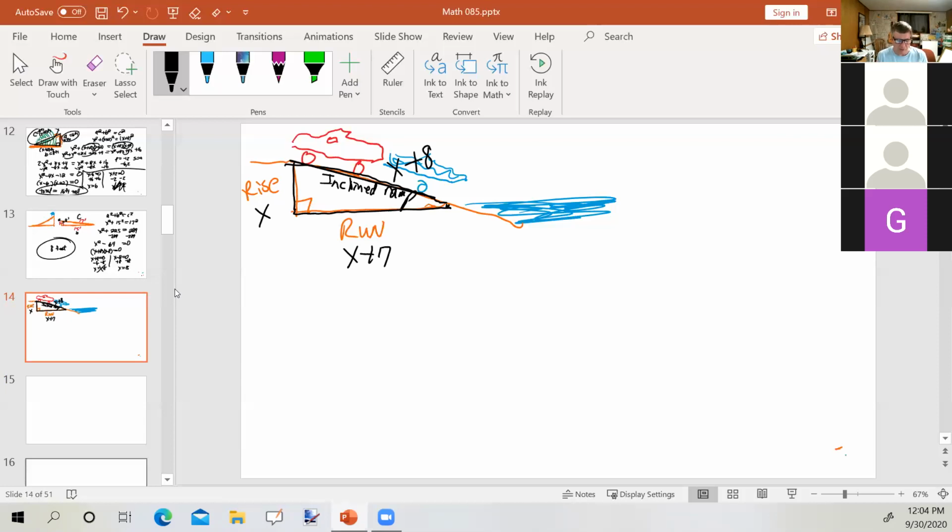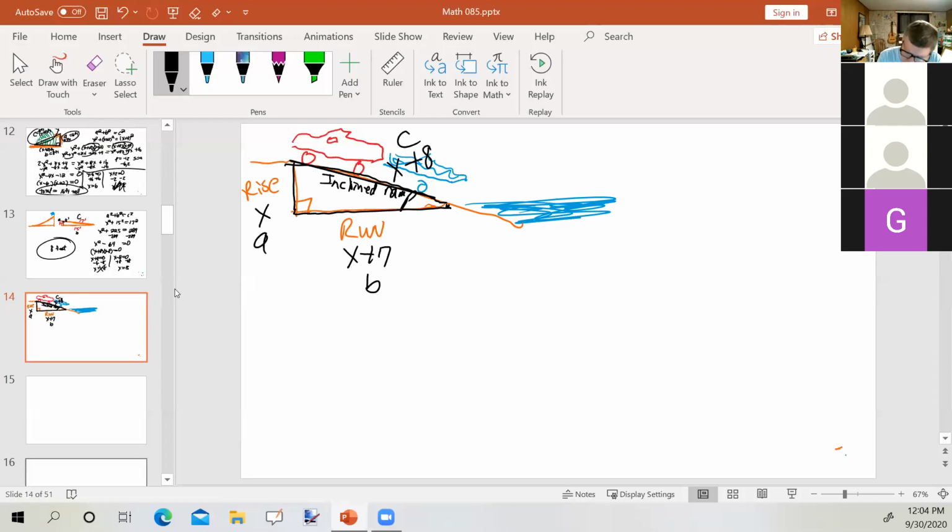So basically, we've got a triangle with the lengths of the 3 sides x, x plus 7, and x plus 8. Now, x plus 8 is going to be the hypotenuse, so that'll be c. We'll take the rise as a and the run as b. And again, a and b could be switched.